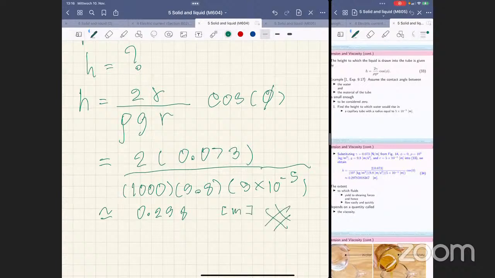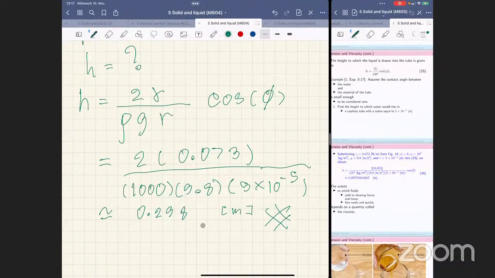So let's make the interpretation of this quantity. In centimeter it's 29.8, almost 1 foot, right? 30 centimeters is approximately 1 foot.